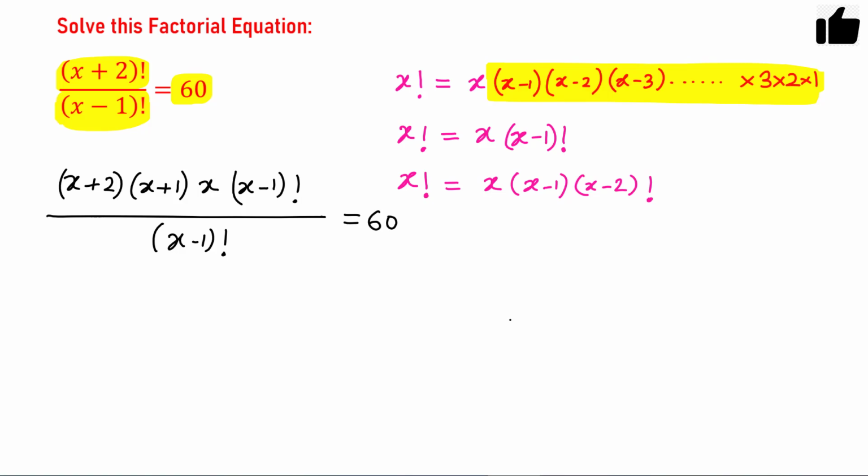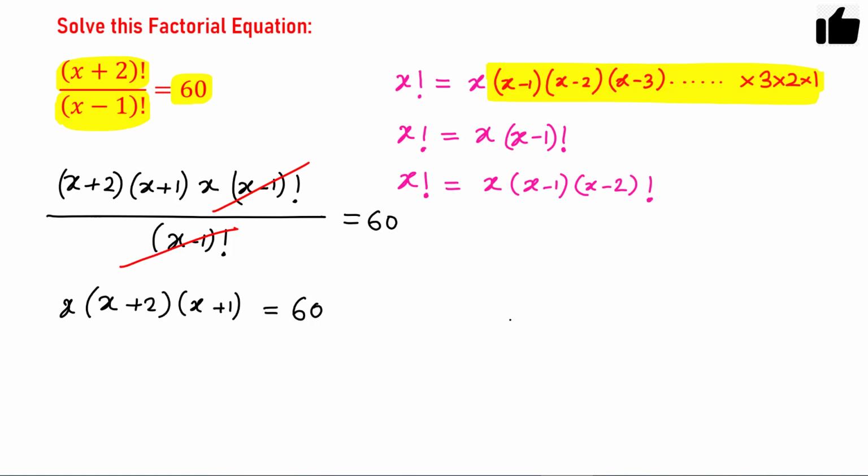The major advantage is now you can cancel x minus 1 factorial and x minus 1 factorial. So the factorial term has been cancelled out, and now this becomes a simple cubic equation. So you have x plus 2 times x plus 1 times x equals 60.